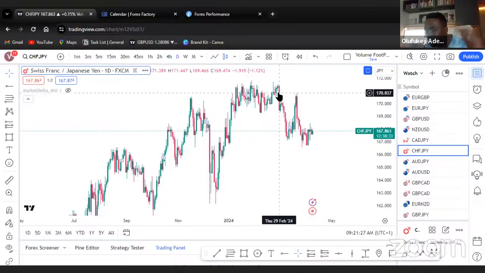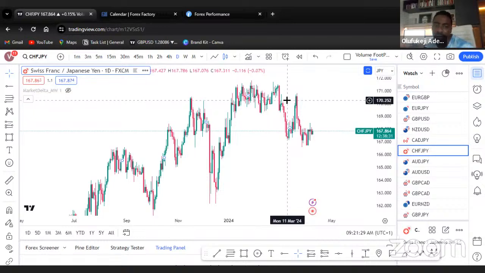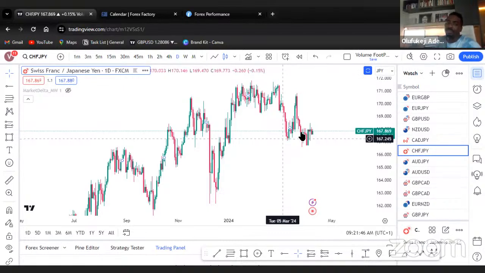GBPJPY has not done its own curve, and the others too have not done their own curve. So you can see it has also created its own equal inducement. So it's just to observe and see, but it has already broken structure to the downside, and it's looking like it wants to start coming down some more.